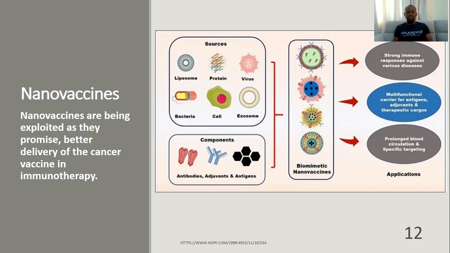As you can see on this image here, these are just some of the different structures which can be used to formulate our nanovaccines. These structures can be altered in structure, and we can add different components to them.